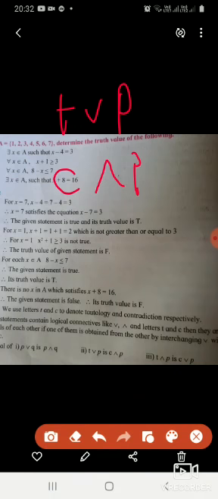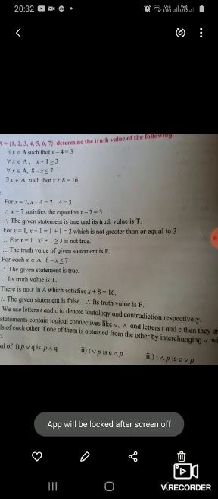Now we are going to see the sums based on this. The question: find the dual of each of the following.